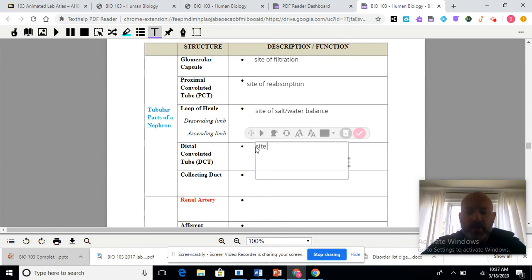The distal convoluted tubules is the site of our 3rd major process. This is called secretion. And this is where the blood drops off last minute items that couldn't drop off before.